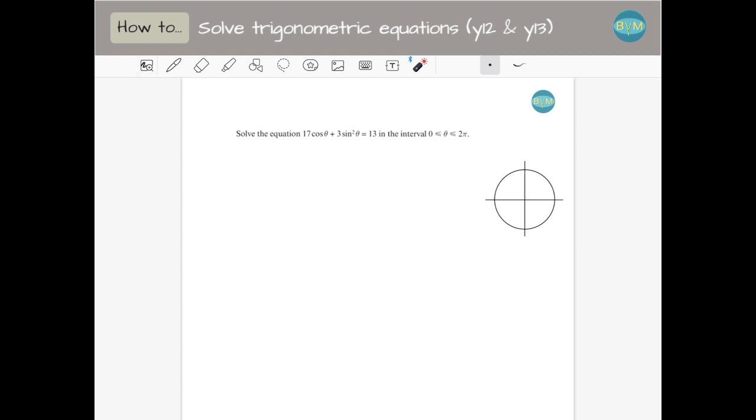So what we are going to do is to use the identities to substitute one, the cos by the sine or the sine by the cos, wherever is more convenient for the equation in particular. In this case, I have cos and sine square. So I know that sine square is 1 minus cos square.